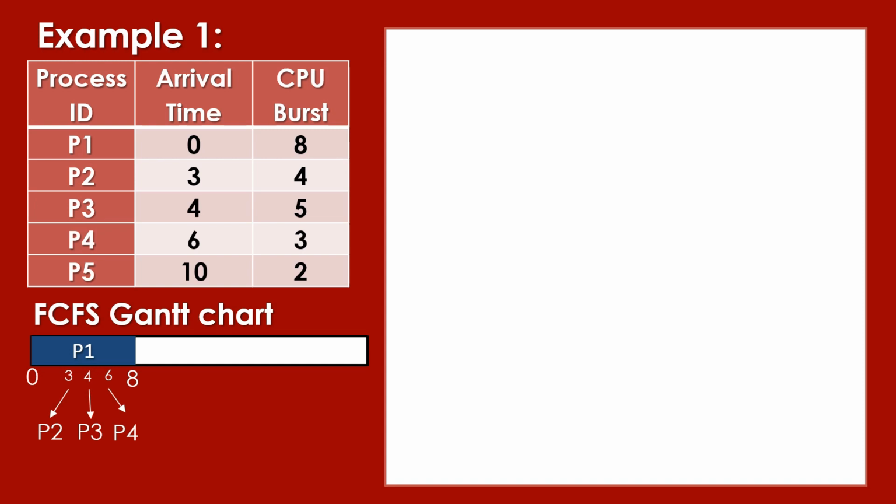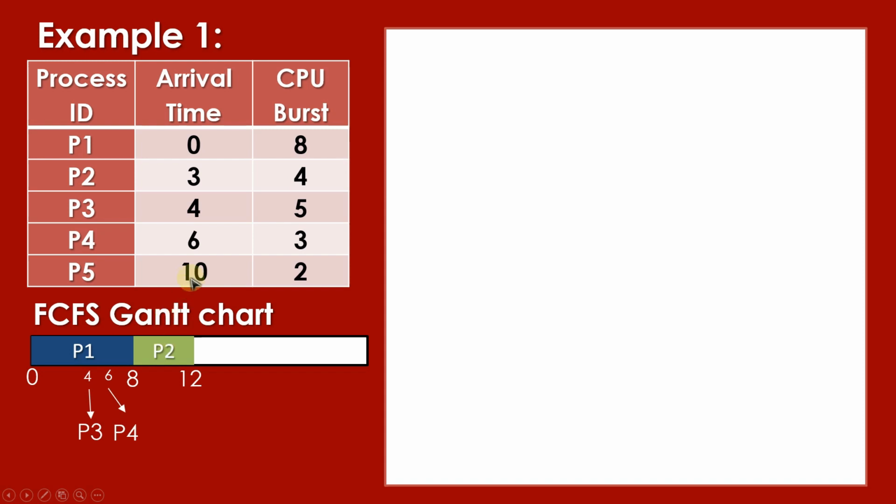So, dito sa tatlong dumating na yan, ang unang sa kanila is si P2. Ibig sabihin siya yung next sa pila. So, mapaprocess si P2, ang CPU burst niya is 4. So, mangyayari nyan guys, ang time natin is 8 plus 4 na CPU burst ni P2, we have 12.